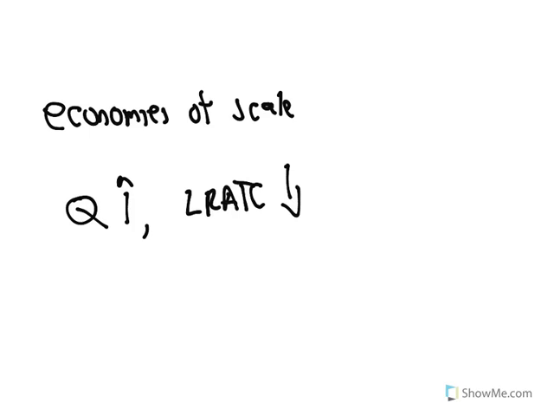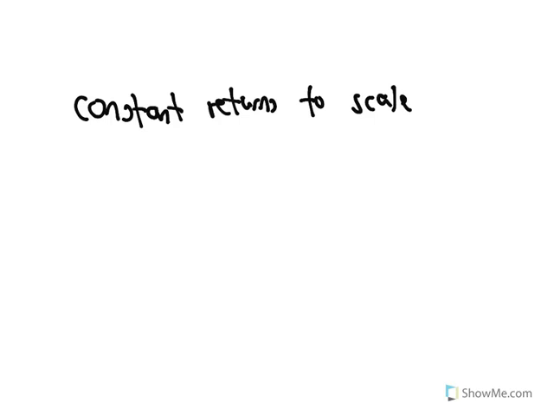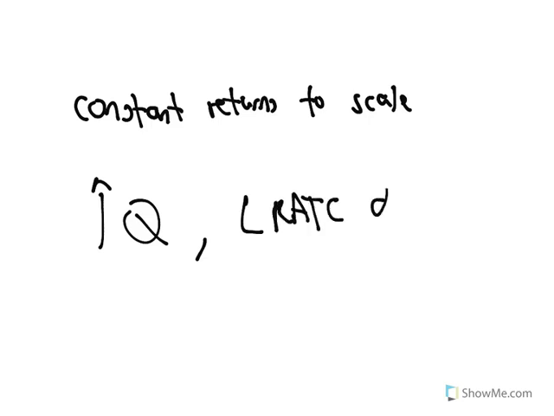Now, this gets a little confusing because another scenario you can have is what's called constant returns to scale. It's the same wording, but instead of meaning double inputs, double outputs, what it means here in this context with cost is that if I increase my output, my long run average total cost does not change.